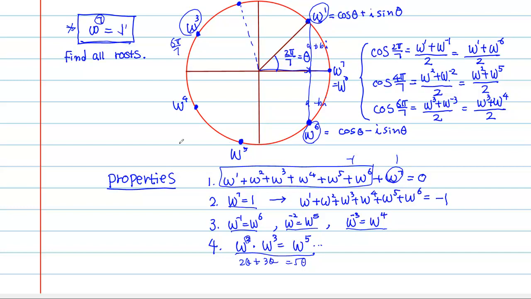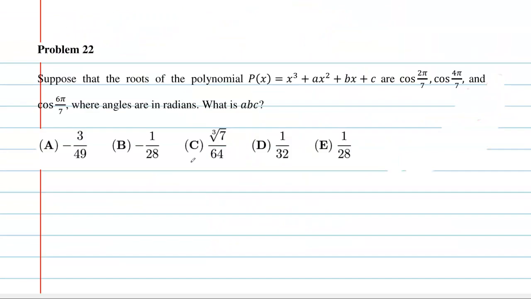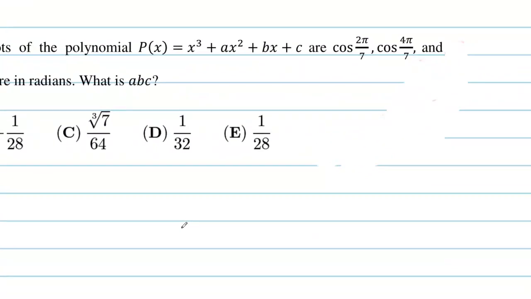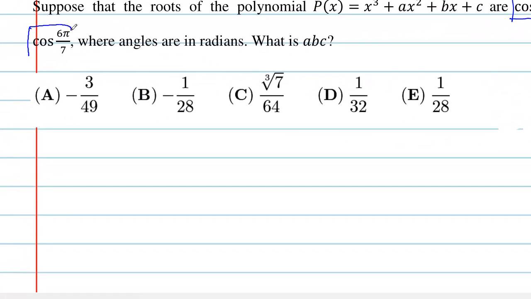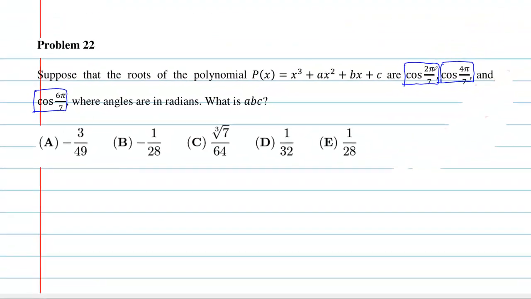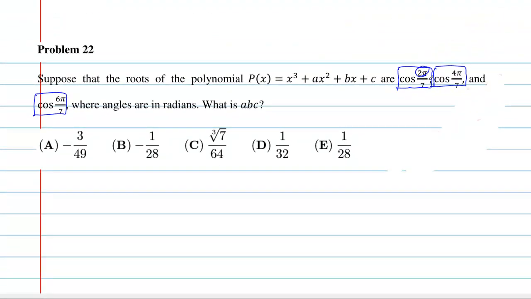Okay, now back to work the question over here. This is number 22. Suppose that the roots of the polynomial are cosine 2 pi over 7, 4 pi over 7, and 6 pi over 7. They have the same difference, that is arithmetic. So 2 pi divided by 7, there will be about 7 roots. We can use Euler's formula.